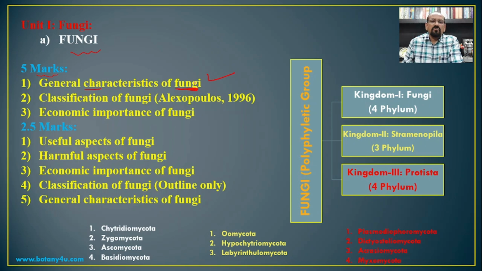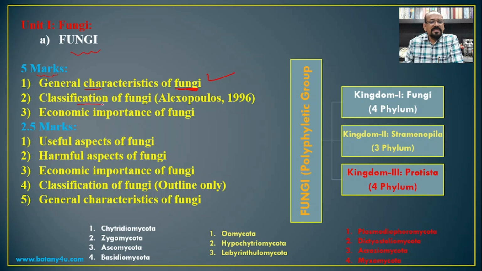So we have to provide all the general characteristics of the fungi, such as what is the cell structure, how they reproduce themselves, then what are the different diseases, plant diseases, animal diseases, etc. So all such general characteristics we have to provide in this type of question.